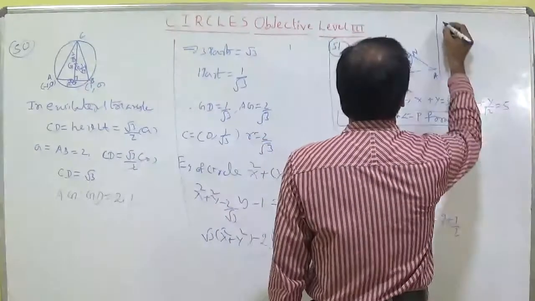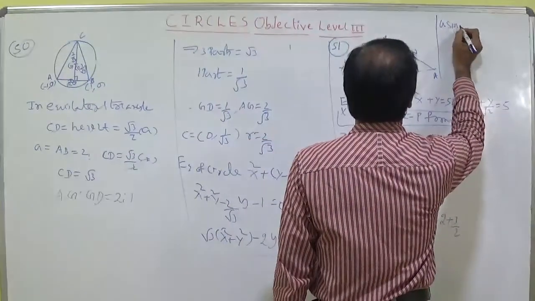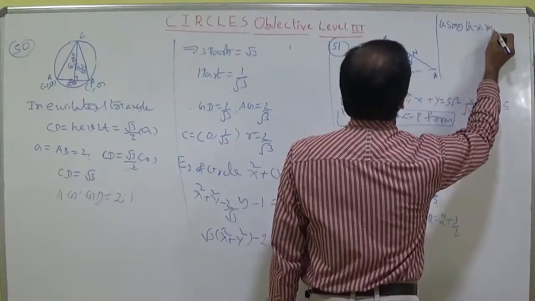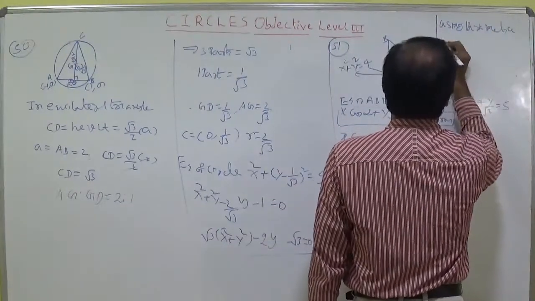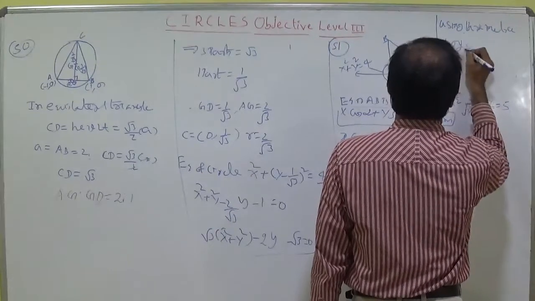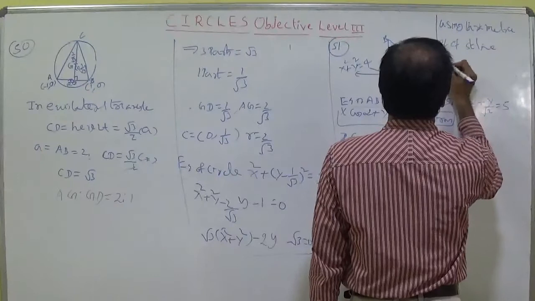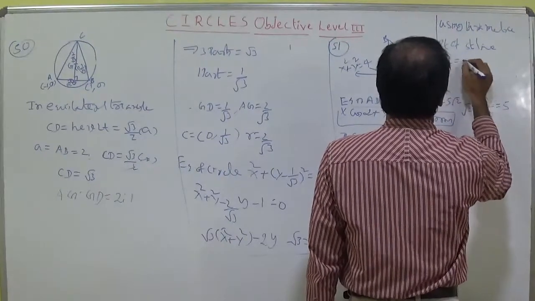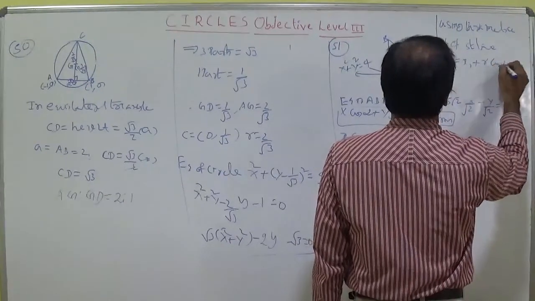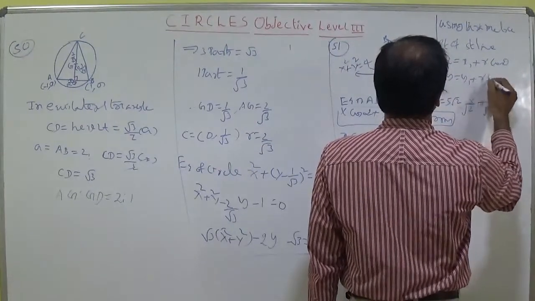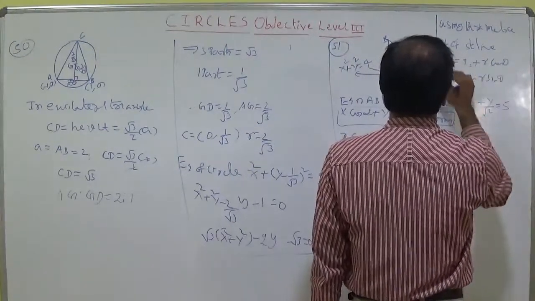Using parametric points of equation of straight line. Parametric points of straight line: x is equal to x1 plus r cos theta and y is equal to y1 plus r sin theta.